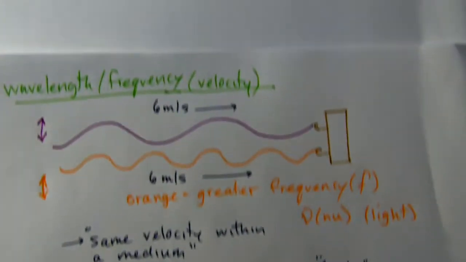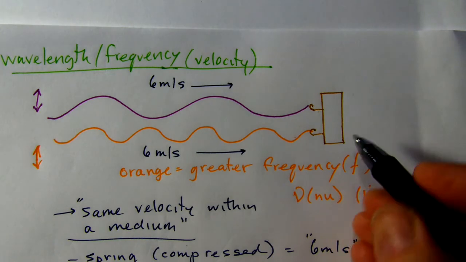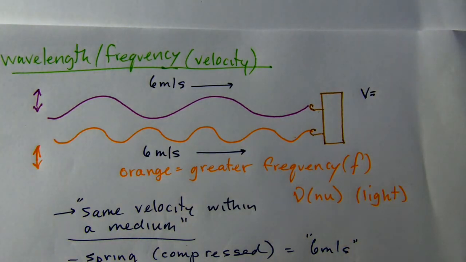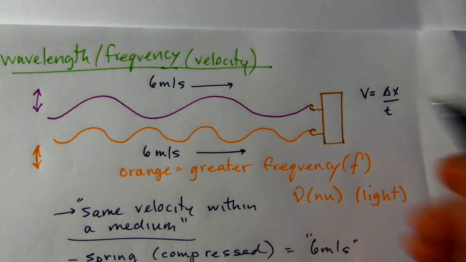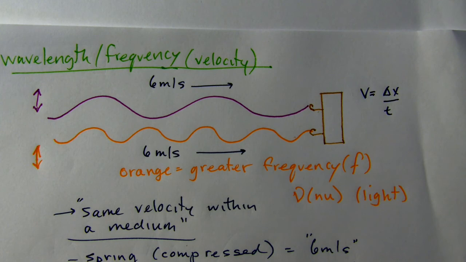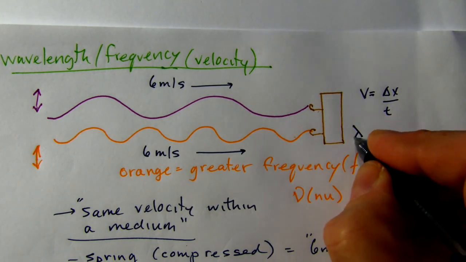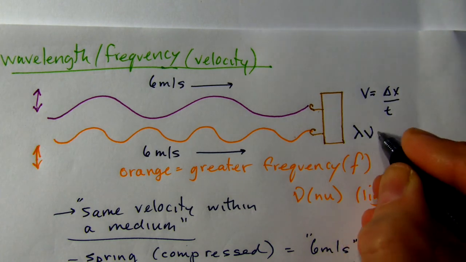But now if we go back here, okay, remember that velocity, right, I know it's distance over time here. Okay? But we also have to know that the wavelength and the frequency are constant within a medium. So what you can say is you have the wavelength here and the velocity, right?